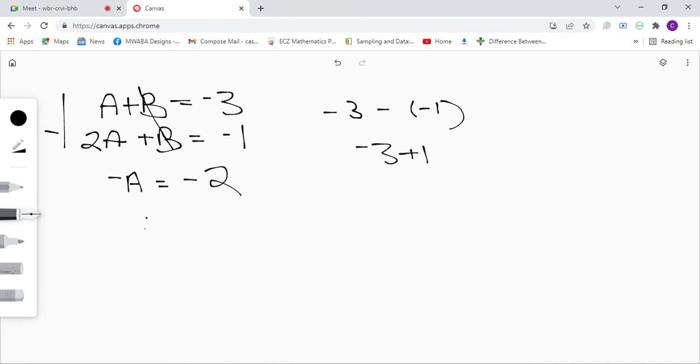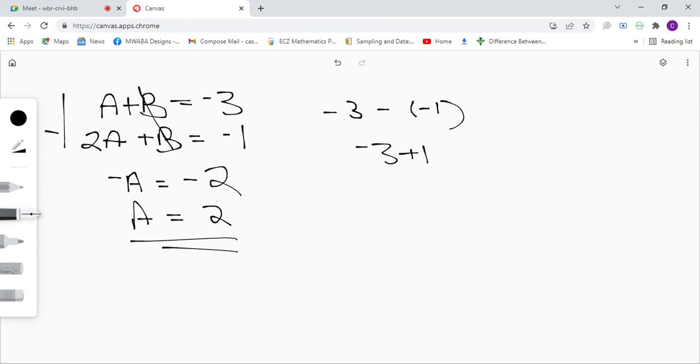So multiply both -a and -2 by -1. -1 times -a gives us a. -1 times -2 gives us 2. So our value for a is 2.